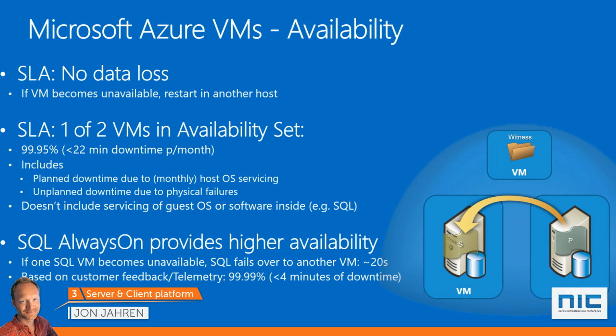And if you need more availability than that, in a practical sense, the only viable solution is using availability groups currently. So you replicate the SQL Server VM and I'll get back to how this actually works. Based on customer feedback, you will gain about 99.99% availability on an Always On instance of a SQL Server VM.